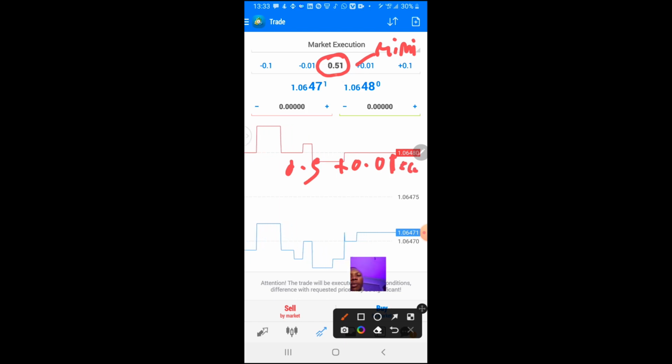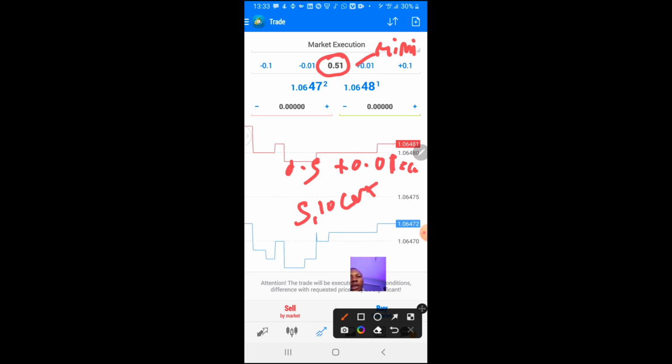So every pip here will be equal to $5.10. So that's just how it is. So each time you see 0.55, it means $5.50 at this lot sizing.